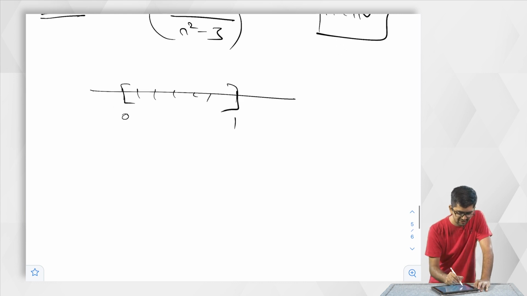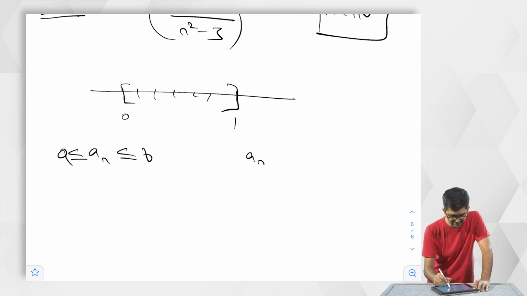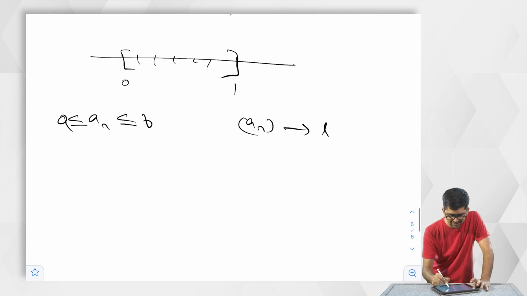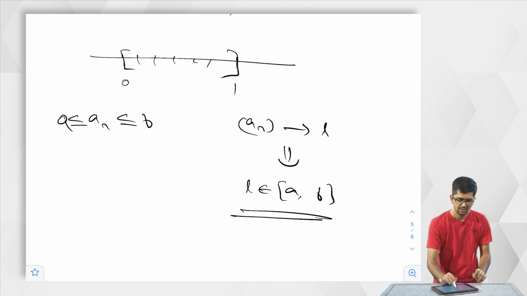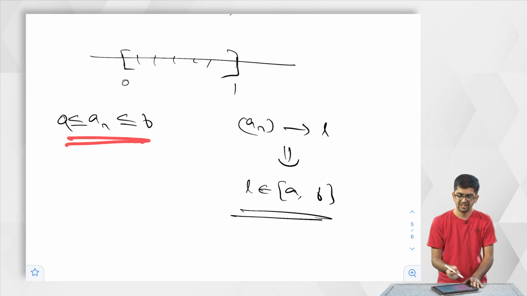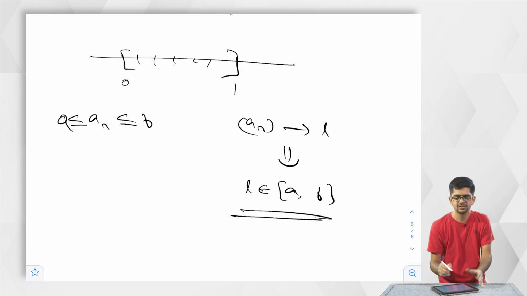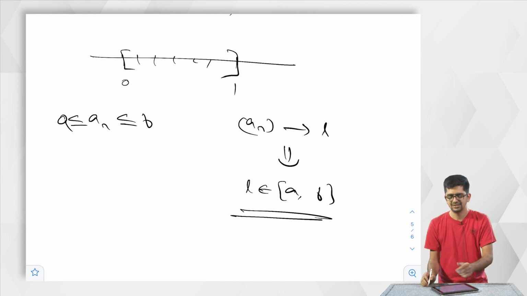Let me write down the statement. Suppose an is bounded by say a and b, and if an converges to L, then this implies L belongs to closed interval a, b. This should be true for every n belongs to N. So here we are ignoring the first 4 elements, we are considering the new sequence.